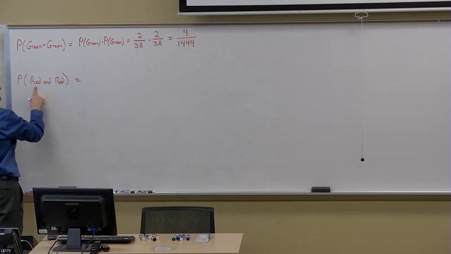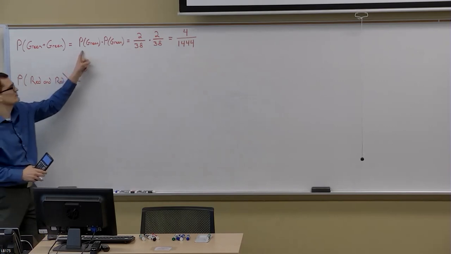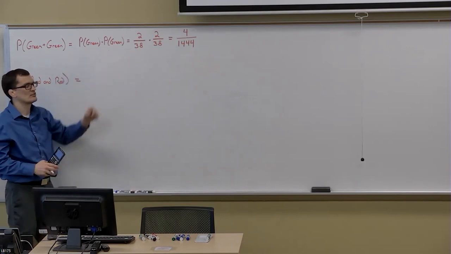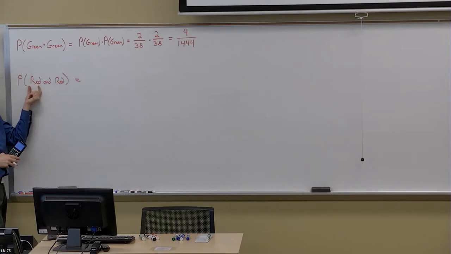How about the probability of getting red and then another red? Once I've done this once, I'm not going to write this middle step. I'm just going to go straight to the fractions. What's the probability of rolling a red on a standard roulette wheel?